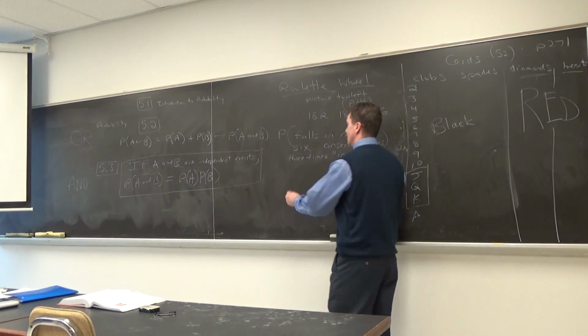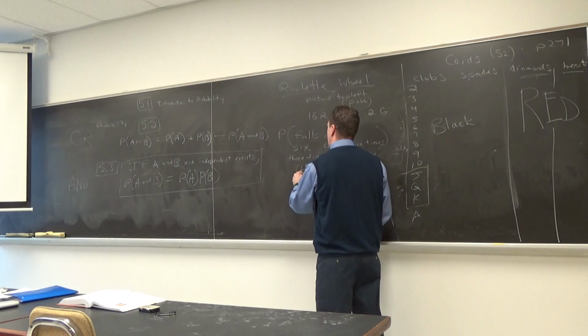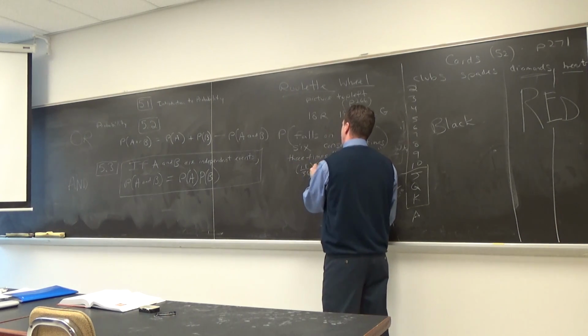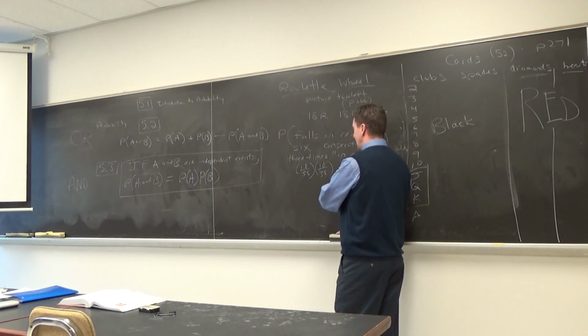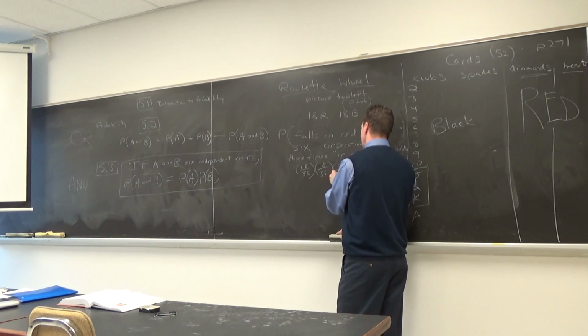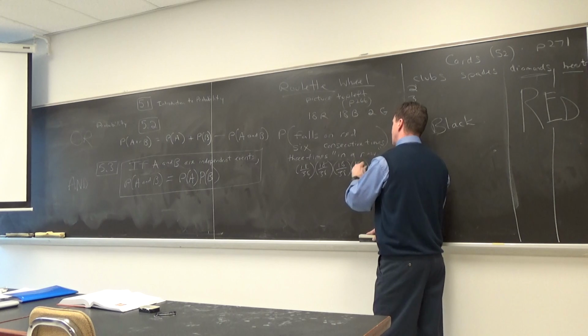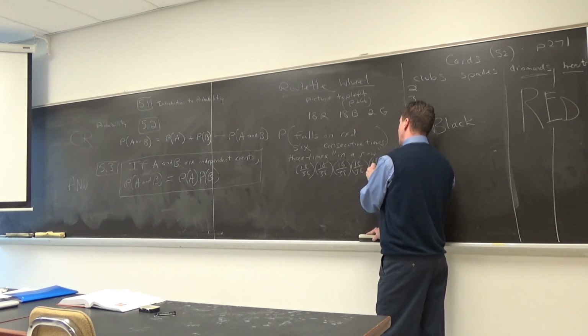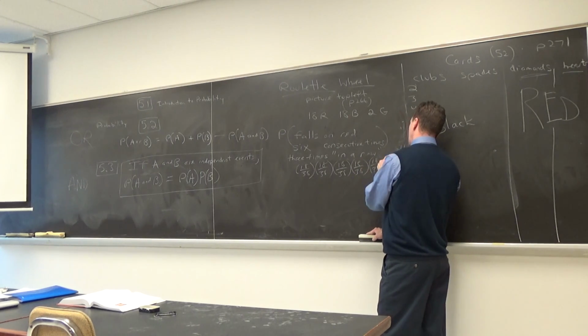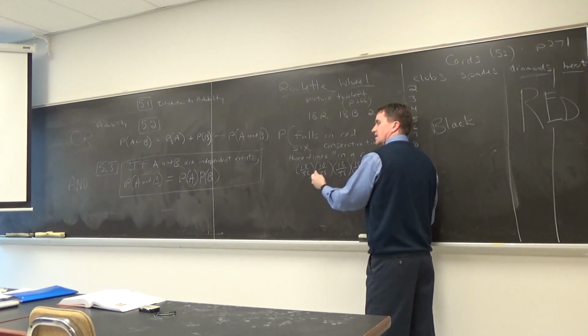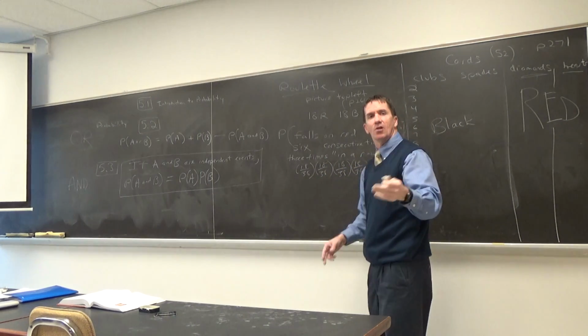Well, what would be the long way? 18 over 38, 18 over 38. You're like, man, you're doing it the long way. Well, I'm playing it safe. 18 over 38, and finally, do you all agree every time I keep multiplying these, 1, 2, 3, 4, 5, 6, the odds keep getting smaller and smaller and smaller?